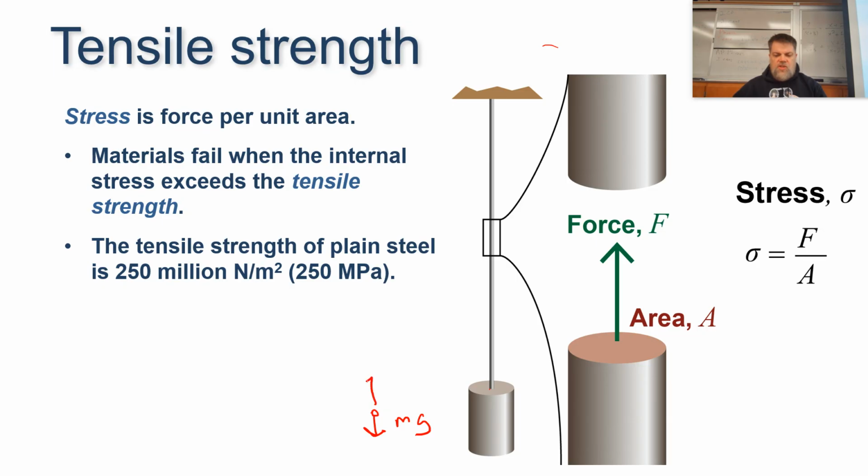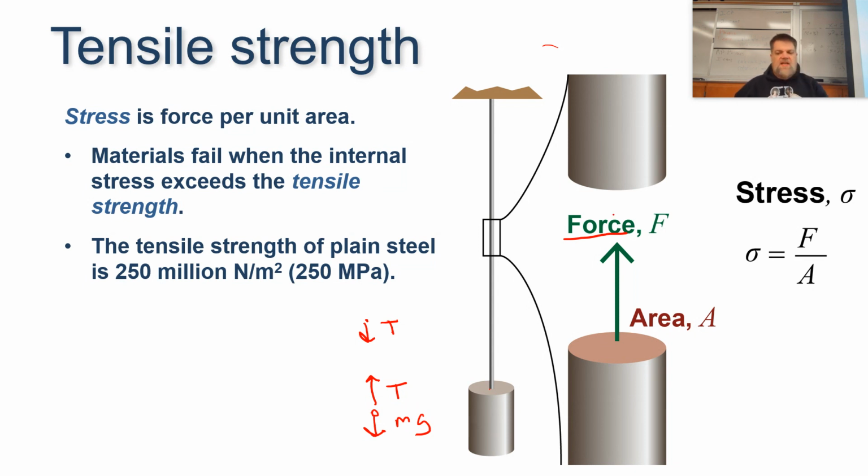Then you have tension that's going up. That tension is a force, right? And then way at the top here, we have that same tension pulling down wherever this cable is mounted right here. And the tension is equal to mg.